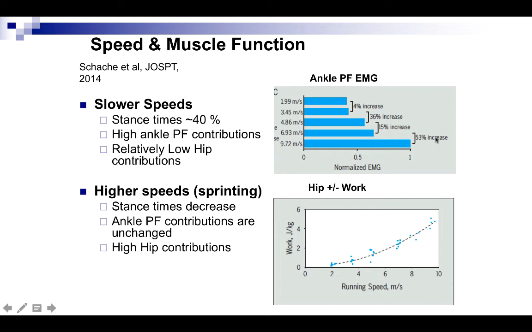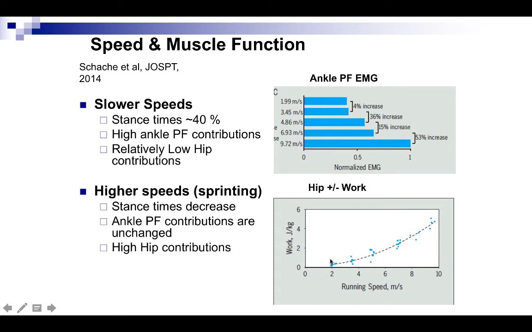So as we look at the hip and contrast that with the ankle, what we're noticing is that at faster and faster speeds, the ankle becomes less able to produce the output we need to achieve a higher speed. And so the body turns to another approach, at the hip, where the hip flexion power generation increases significantly.